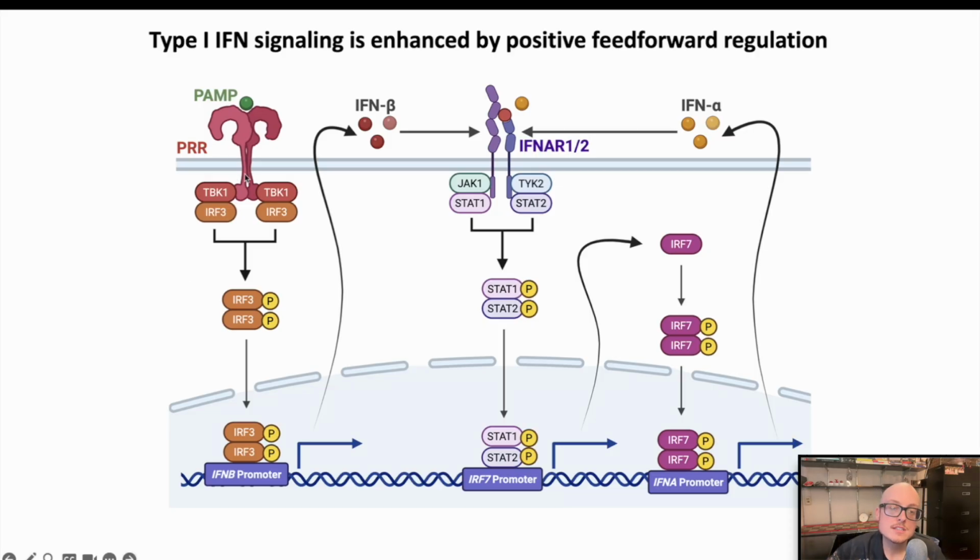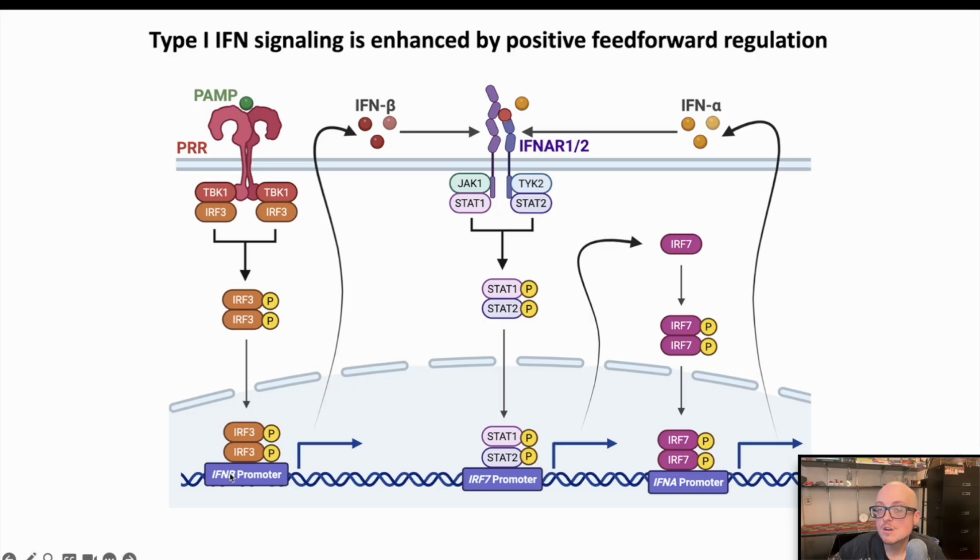The way that looks is the activation of kinases like TBK1, TANK-binding kinase 1, whose main substrate, at least for right now, is a transcription factor known as IRF3, interferon regulatory factor 3. And you can see that when it is phosphorylated by TBK1, it also forms dimers, which translocate into the nucleus.